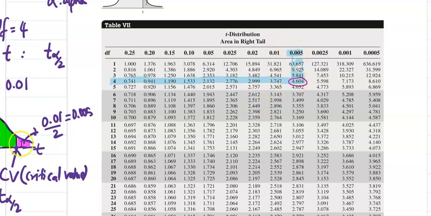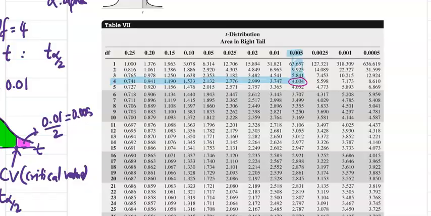You need to look for the area on the right tail and the degree of freedom, and you look at the row of the degree of freedom and the column of the area where they meet. That's the critical value, and you see 4.604 in 3 decimals. If you look at 2 decimals, it's going to be 4.60. That's how you find the critical value using the table.